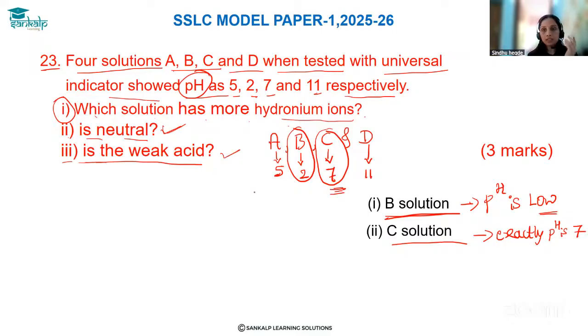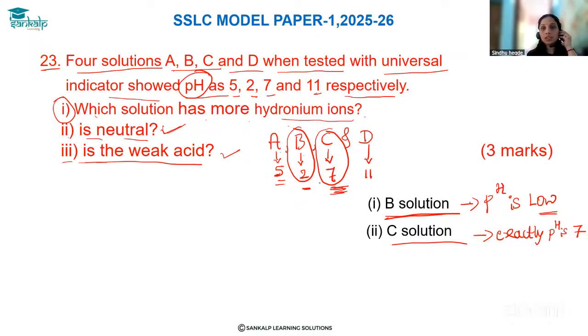How can we differentiate which one is a weak acid and which one is a strong acid? Again, it depends upon the pH value of the solution. The solution having a pH value near to 7 is considered a weak acid. Here, below 7, two solutions come, solution A and solution B, but solution B has more hydronium.